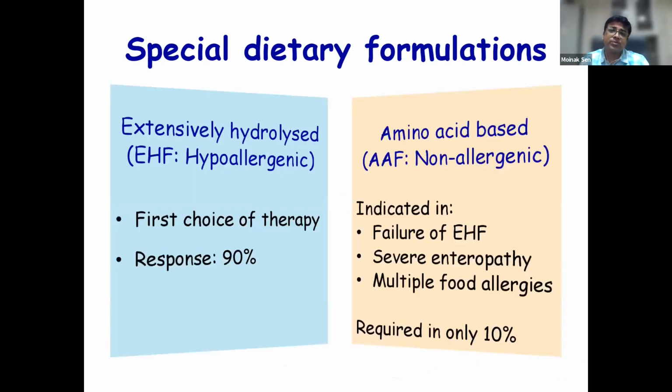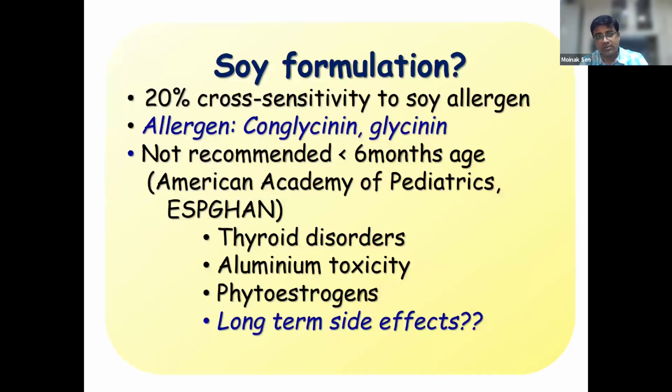There are some conditions where you would like to use an extensively hydrolyzed formula, and this is used in those patients who have cow's milk allergy for less than 6 months. It is the first choice of therapy. Those patients who are not responding to extensively hydrolyzed formula will change over to amino acid-based formula, and these are required in only 10% of individuals.